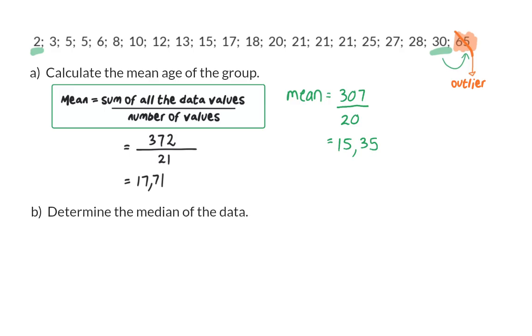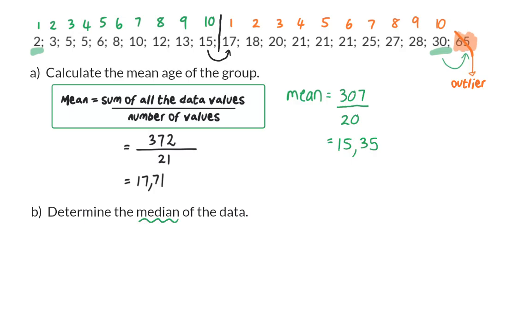Now you can see that the new mean is more than 2 years less or younger than the original one. Originally, the median of the set of data was calculated as 17, but now we only have 20 values. So, if we divide this up into 2 groups, there will be 10 in each group. But this time, there is no specific value in between the 2 groups. Here, the median will lie between 2 values.